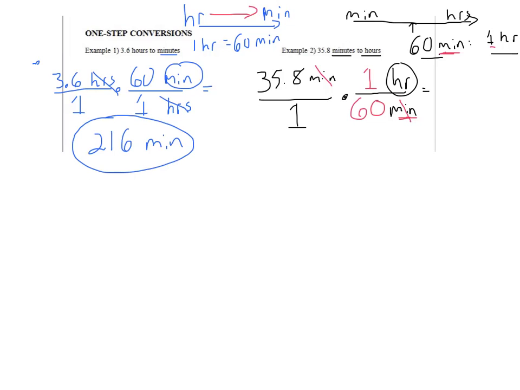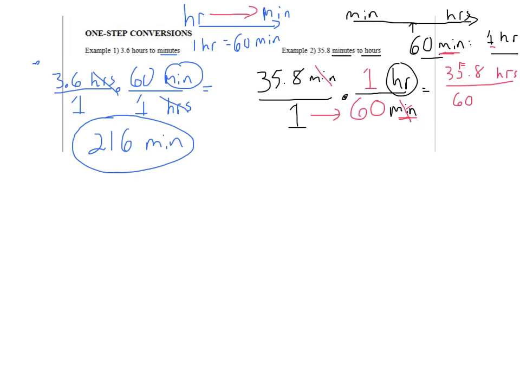35.8 times 1 would be 35.8. Your unit in the numerator is hours. And then the denominator, 1 times 60, is 60. Do you have any units down here? The answer is no. Your minutes canceled.